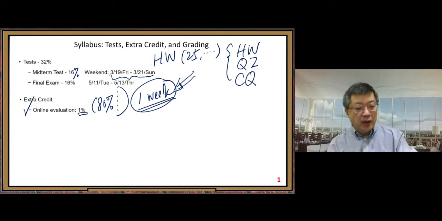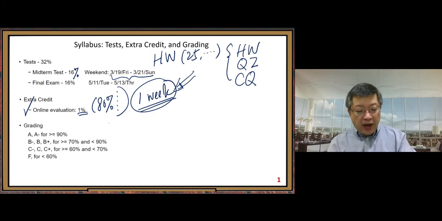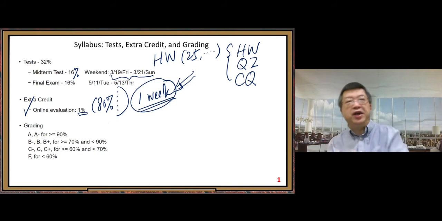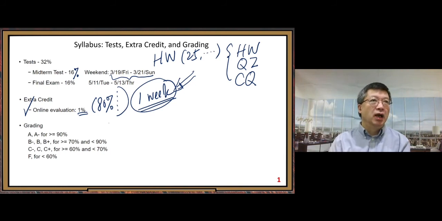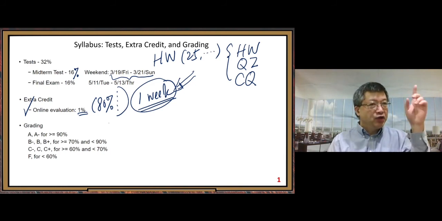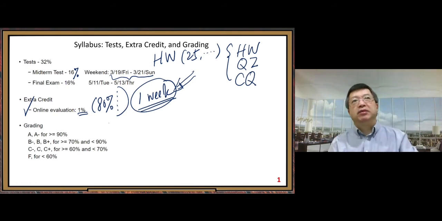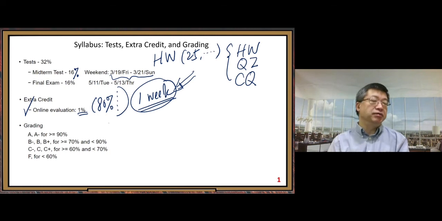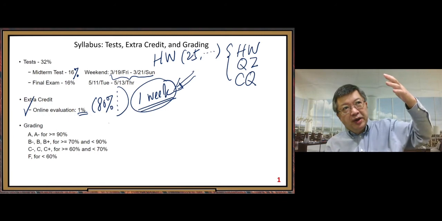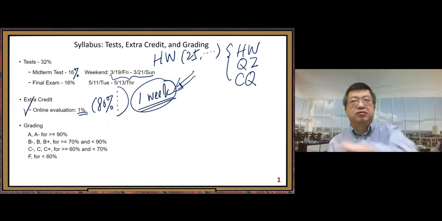Then the grading. I use these lines to determine your final grades. Make sure you do all the assignments and do not miss any. Otherwise, it is very hard to get a good grade. Just try to keep pace with the class.